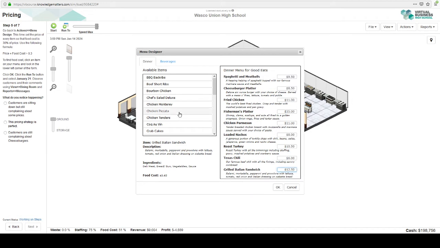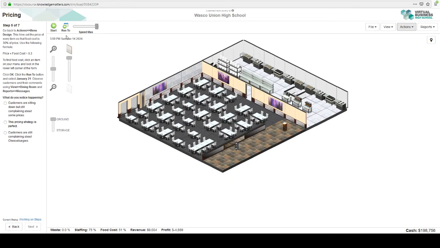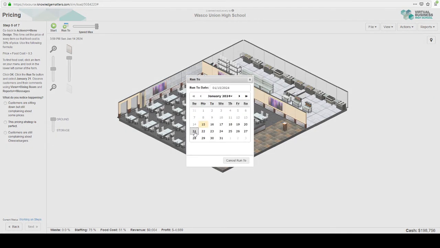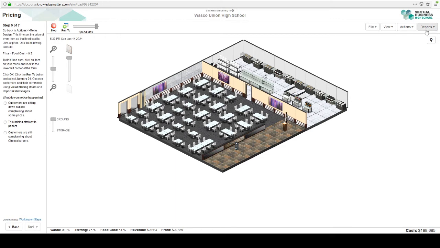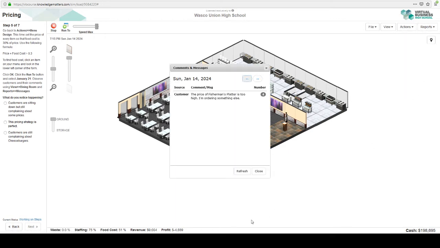Now bear in mind that even though we use this formula, customers still may be unhappy with some of the prices, namely the fisherman's platter. They'll definitely be unhappy with that because this is an appetizer, and I can tell you, you are not going to spend $35 for an appetizer. Alright, so let's run to January 21st, and let's see what our customers are complaining about now.